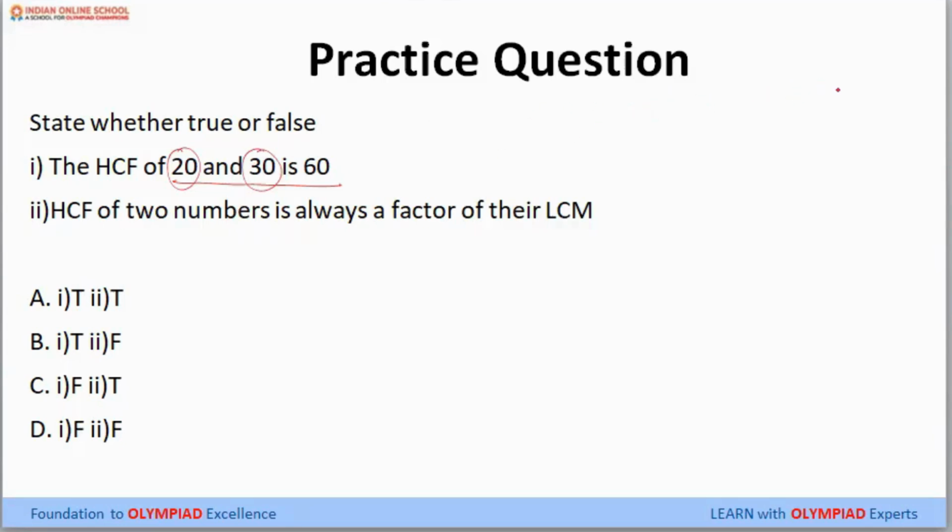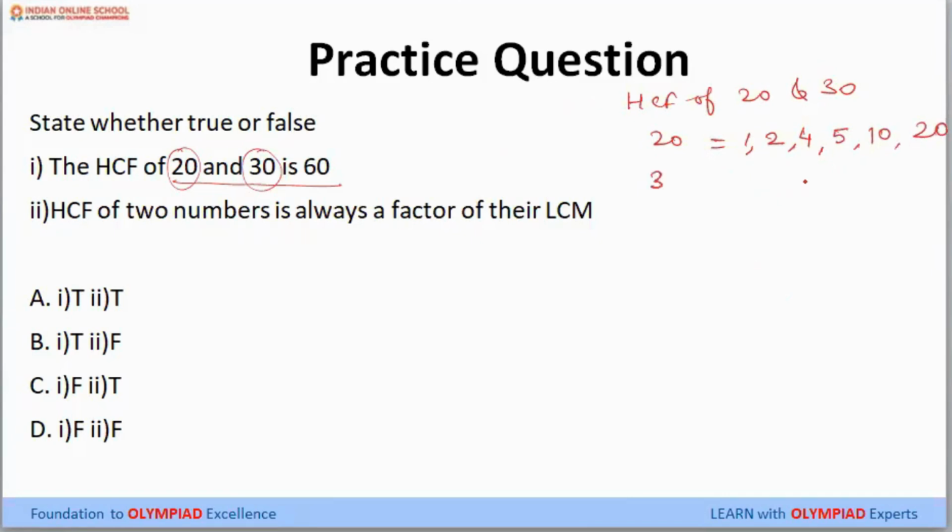Because if we are going to figure out the HCF of 20 and 30, correct? What are the factors of 20? In one table 20 is there, in two tables, in four tables, in five tables, in ten's table, and in twenty's table.